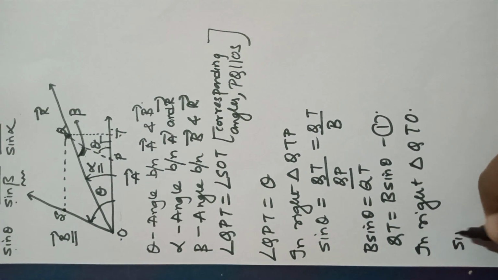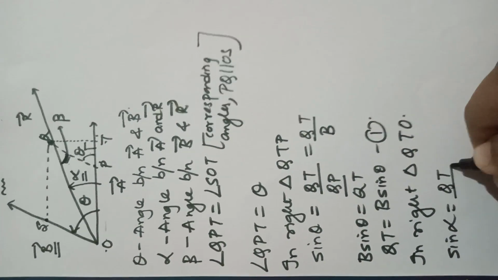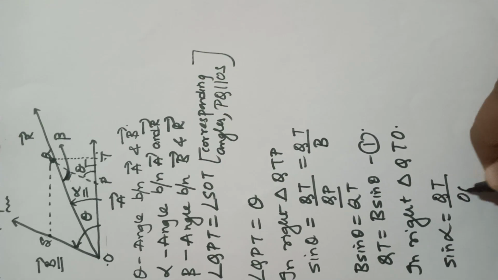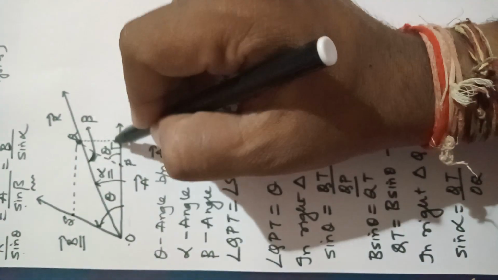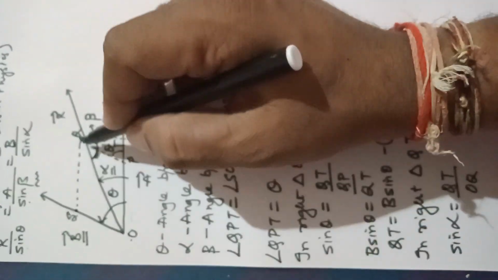Let's take sine alpha, because there is sine alpha here. So sine alpha, opposite to this angle alpha, is this QT, by what is this? It is OQ. OQ is the hypotenuse of this triangle QTO, as it is opposite to this right angle QTO. So therefore OQ is the hypotenuse.